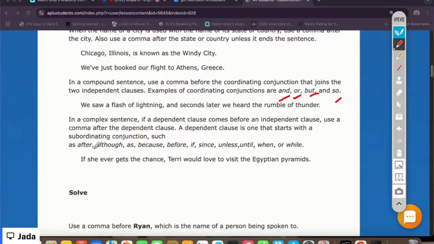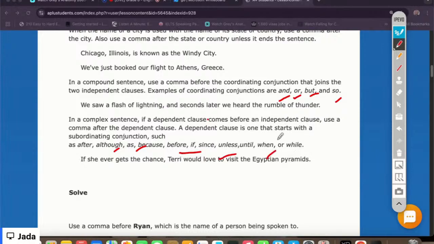And in a complex sentence, if a dependent clause comes before an independent clause, you have to use a comma after the dependent clause. So dependent clauses, we have some ways that you can note them. They start with a subordinating conjunction such as although, as, because, and all of these over here are subordinating conjunctions.